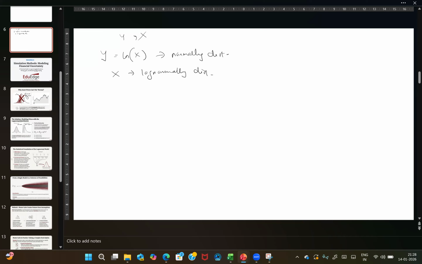Which is why when we talk about returns, which are normally distributed, now returns we know can be characterized in two formats. One is arithmetic return, the other is compounded returns or log returns. Arithmetic returns look like this: P1 minus P0 divided by P0. And log returns look like this: ln of P1 by P0.